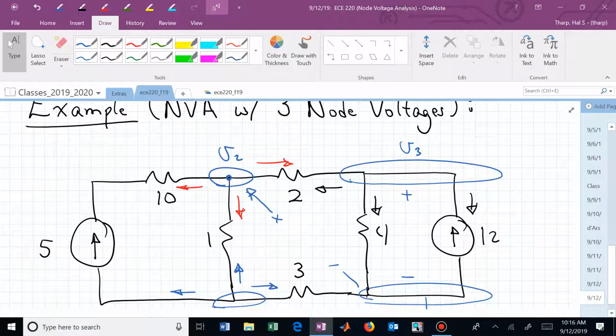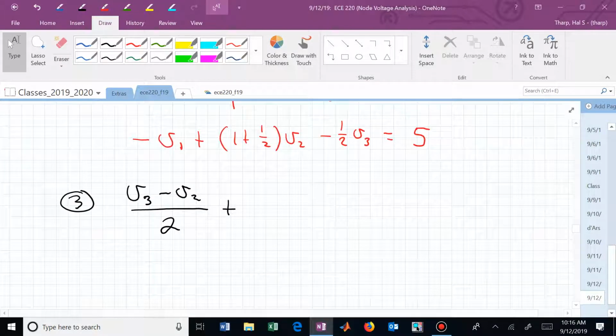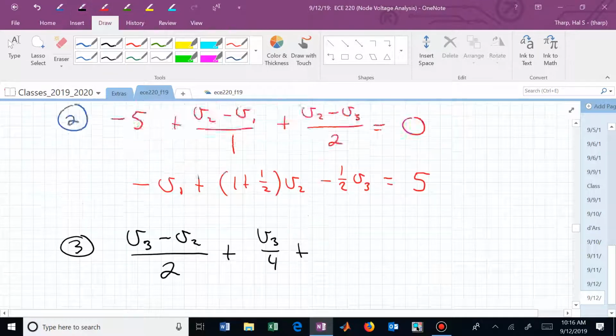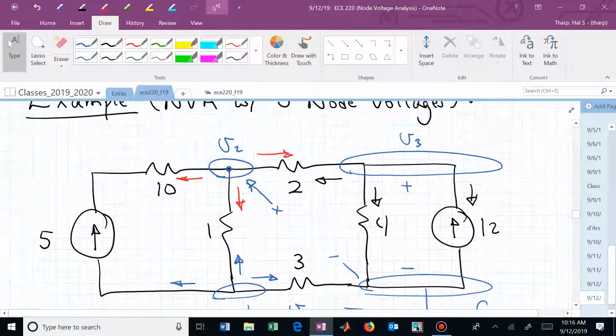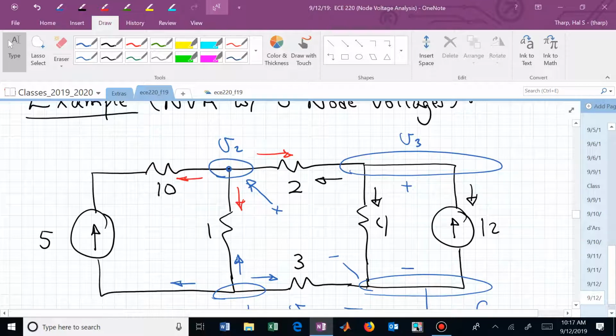That's just V3 divided by 4. Plus, now that's going opposite to how I have my current labeled, so it's just going to be minus 12.